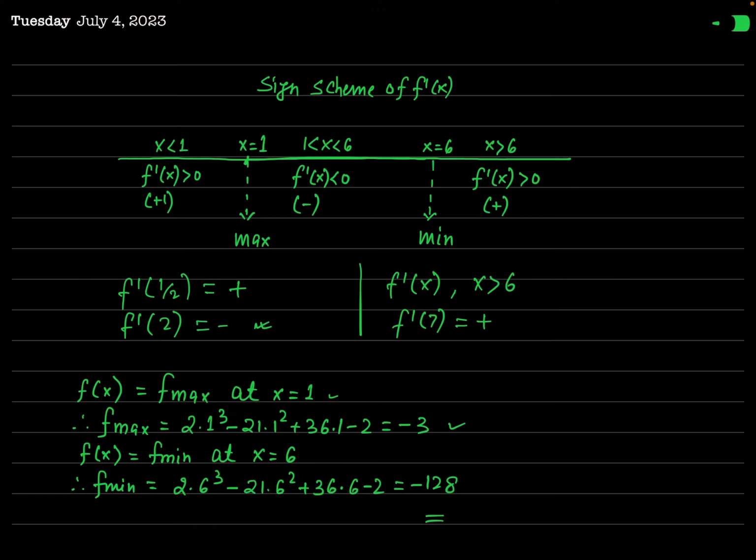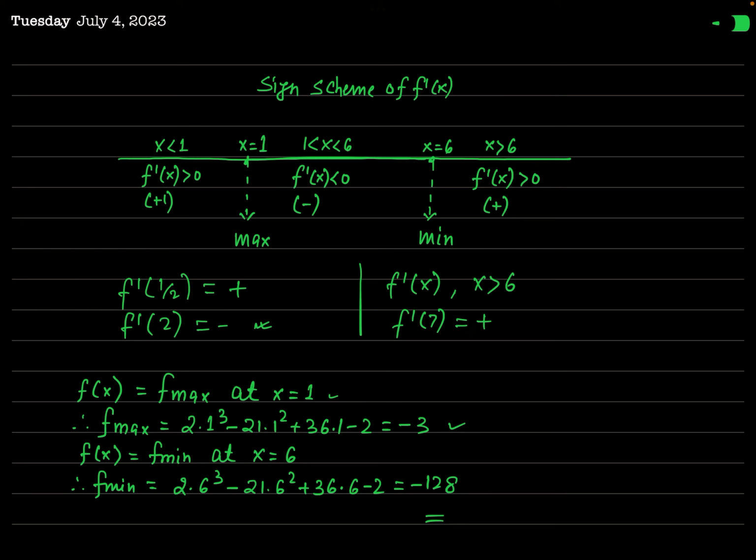So you can say on passing through this point 6, the sign of f dash of x changes from negative to positive. And we have learnt that if f dash of x changes its sign from negative to positive, then at x equal to x naught, our function has minimum value. So corresponding to this point x equal to 6, function f of x is minimum.